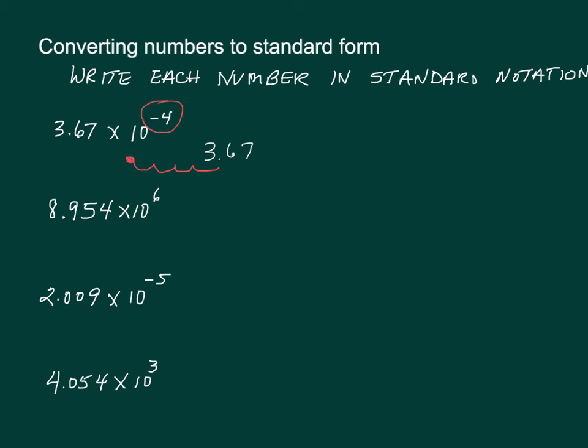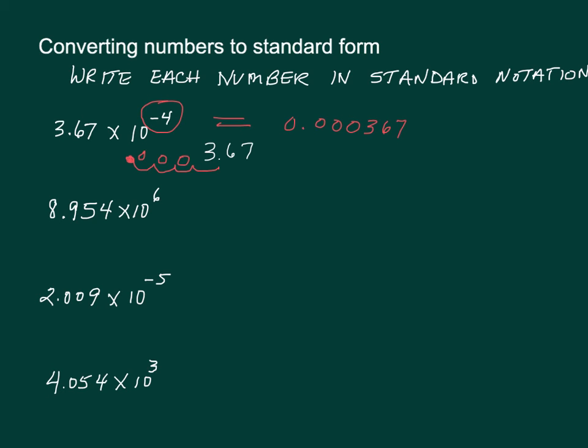I'm going to drop a decimal there, and everywhere that I have a little bump, I'm going to put a 0 in there. So I need to rewrite this as 0.0000367. So I've moved the decimal to the left 4 places, and I've written this in standard form, or standard notation.